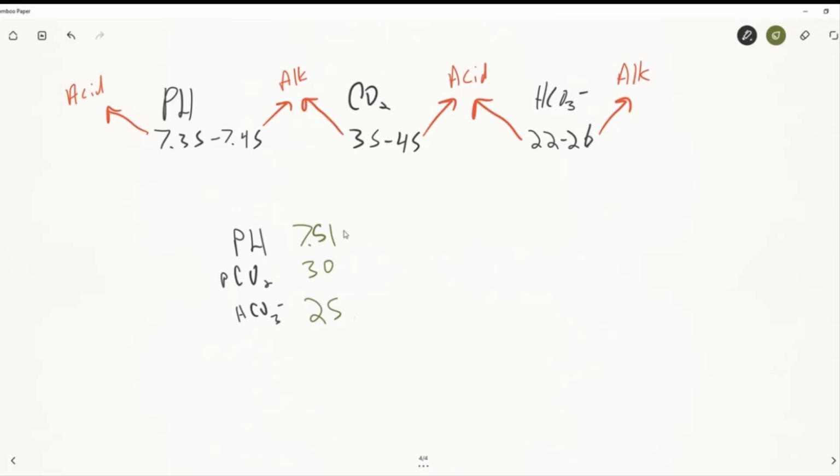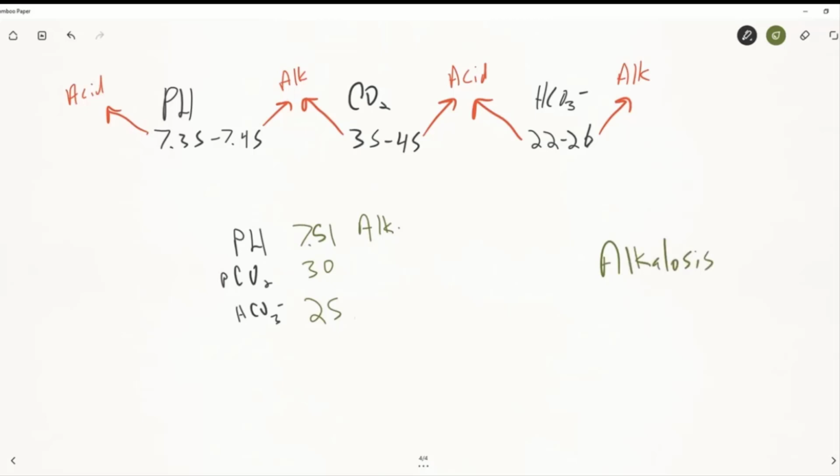Ignore everything else and just look at the pH, which is 7.51, and we go up to our chart. Where does 7.51 fall? Well, it falls above 7.45, so follow our arrow, and that tells us this is alkaline. Before we do anything else, what we already know is that this person has alkalosis. The pH tells us that they have alkalosis.